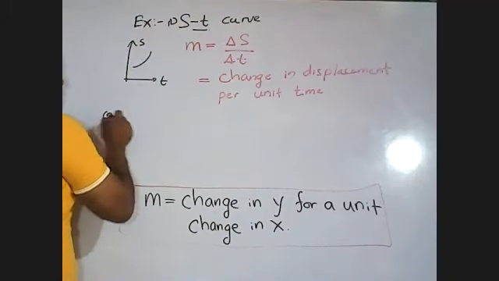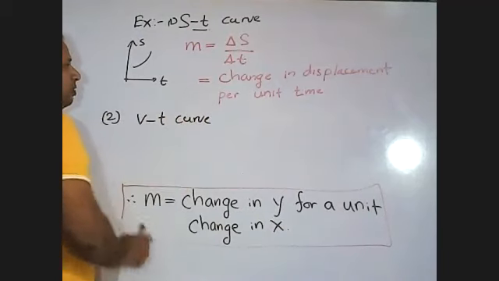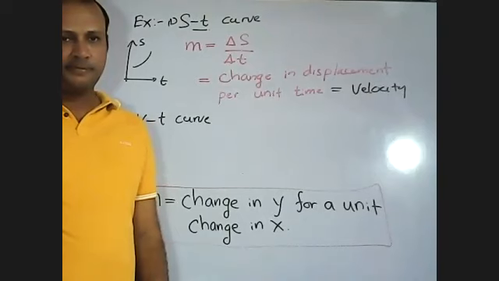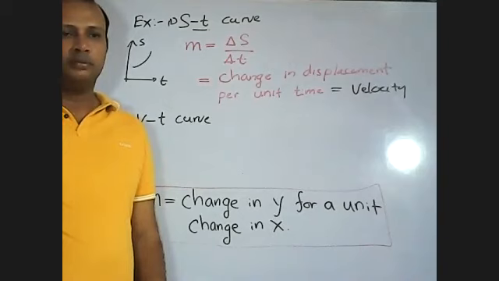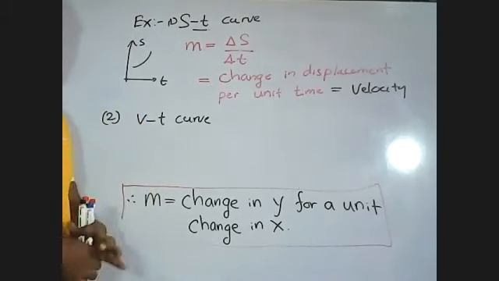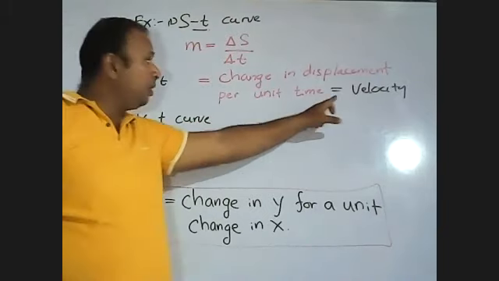So example number 2, VT curve. Okay. So change in displacement per unit time means it is equal to velocity.